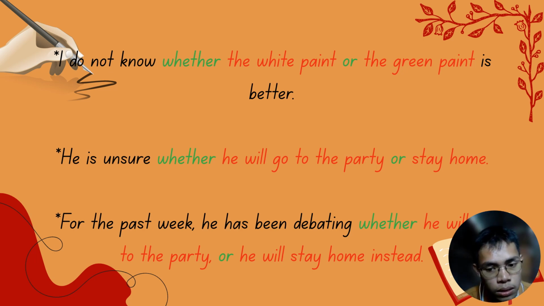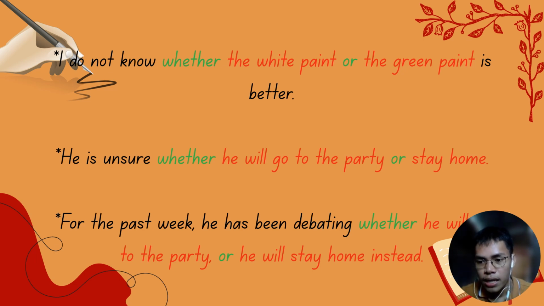We can also say, I do not know if the white paint or the green paint is better. But we cannot say if or, because they're not correlative, they're not a pair. It's just that when we mean if, we use whether, because whether or are a set.